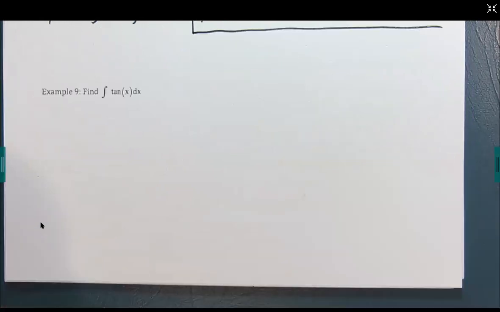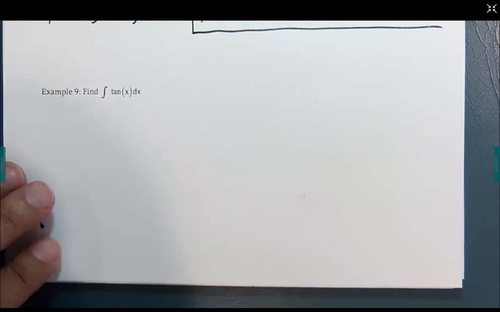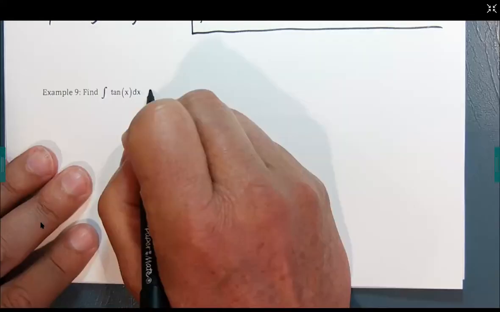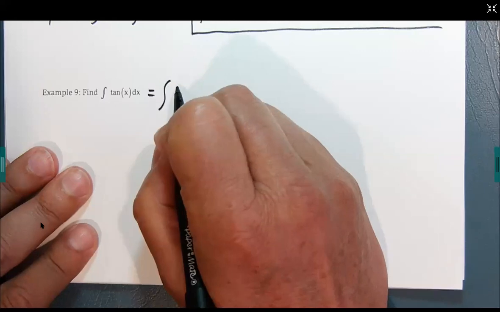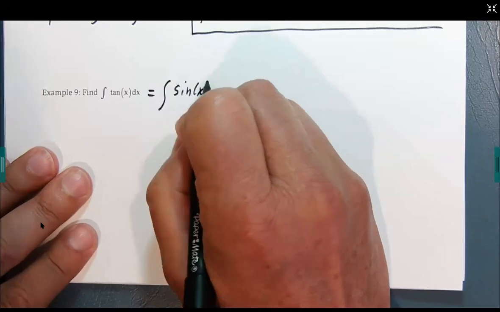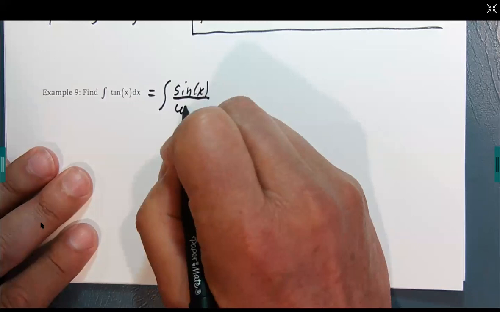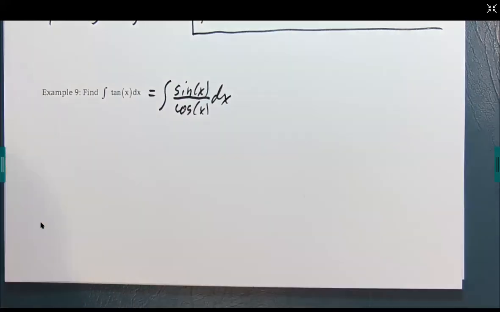Find the integral of tangent of x. So of all the things we've been doing, we haven't found the integral of tangent of x. Well, we are going to recall that tangent is sine x over cosine x dx. And I'm actually going to do a substitution.